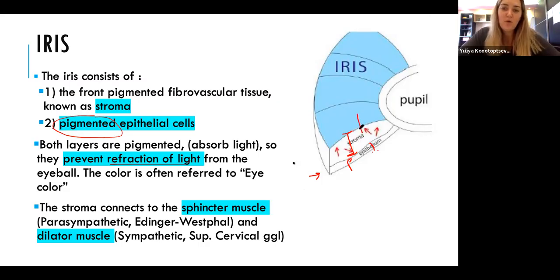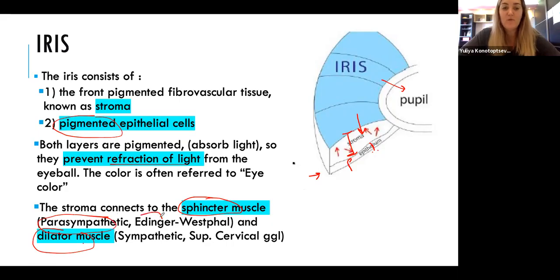Within the stroma of the iris, we have two muscles. We have the sphincter muscle and dilator muscle. What do they do? Well, sphincter muscle will be constricting the pupil to make the pupil smaller. The dilator muscle will make the pupil larger. So what's the innervation?